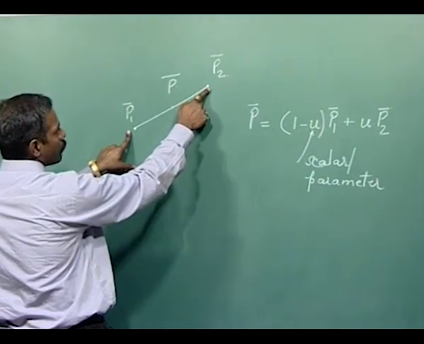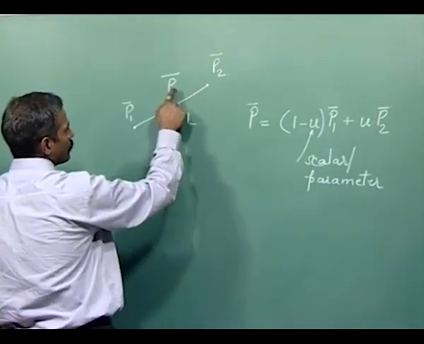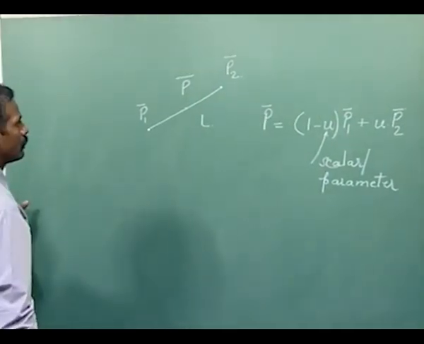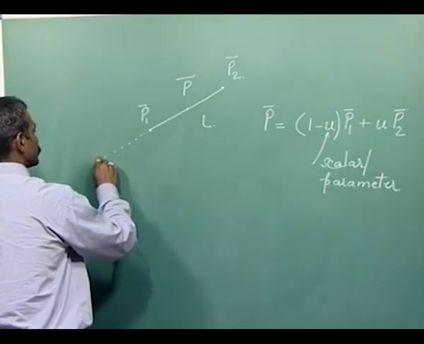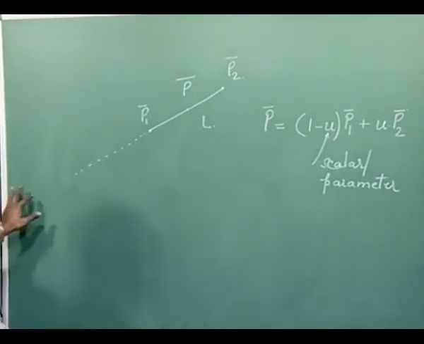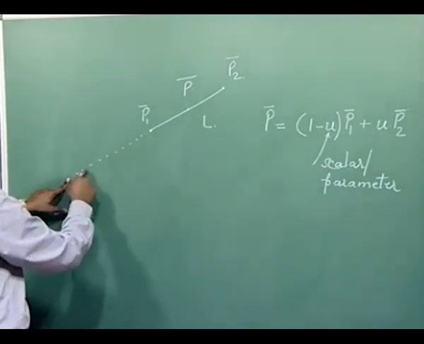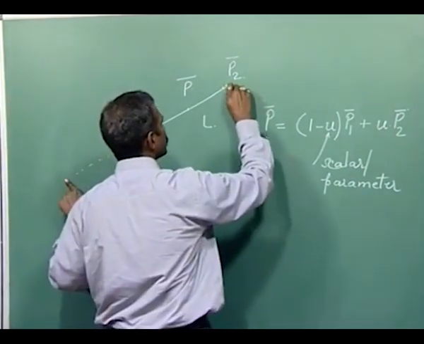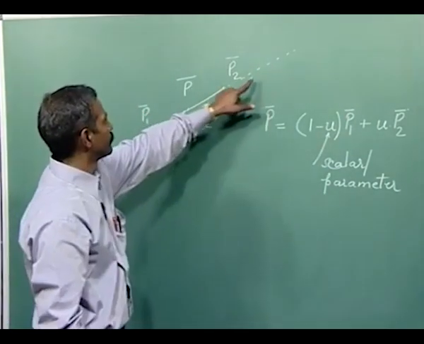So for u equals 1, we get this point, P2, P as P2. For values of u smaller than 0, P would be lying somewhere here, and for values of u greater than 1, P will be lying somewhere here.